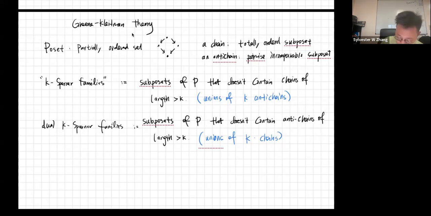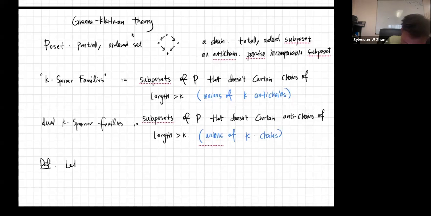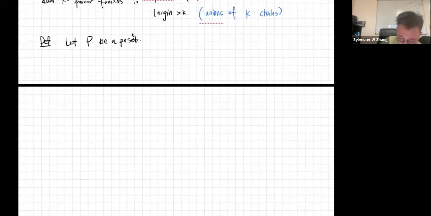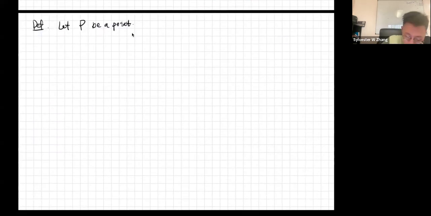Okay, so I'm going to define some numbers. Let P be a poset, and define C_K to be the maximal size of a dual K-Sperner family.